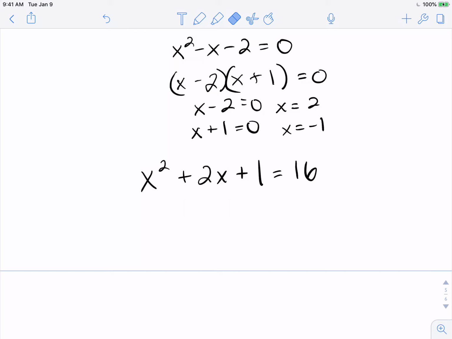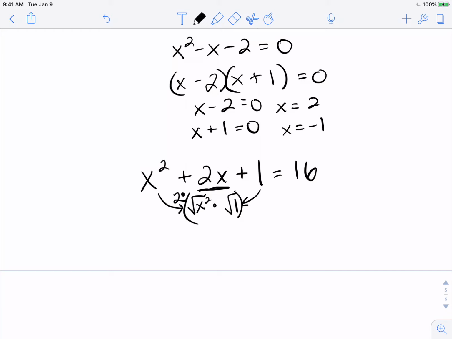Here's what else you can do. If you learn to recognize that this is a perfect square trinomial, meaning that in the middle you have the square root of your first term times the square root of your second term times 2, which you do.